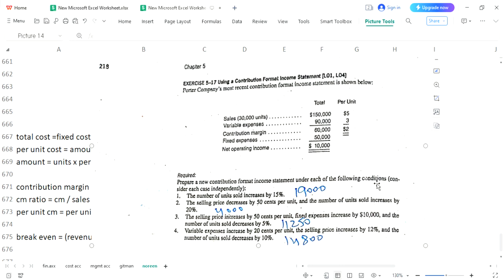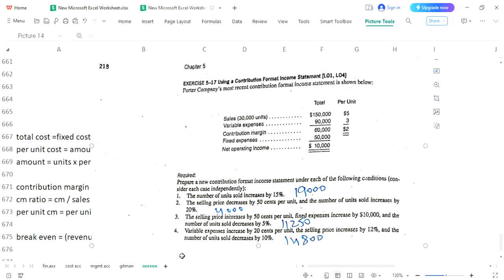He is saying the following conditions would be followed, each condition independently. The word is important: independently. That means when you are solving one, it has no concern with two, and when you are solving two, it has no concern with one. All are independent and directly associated with the old one.